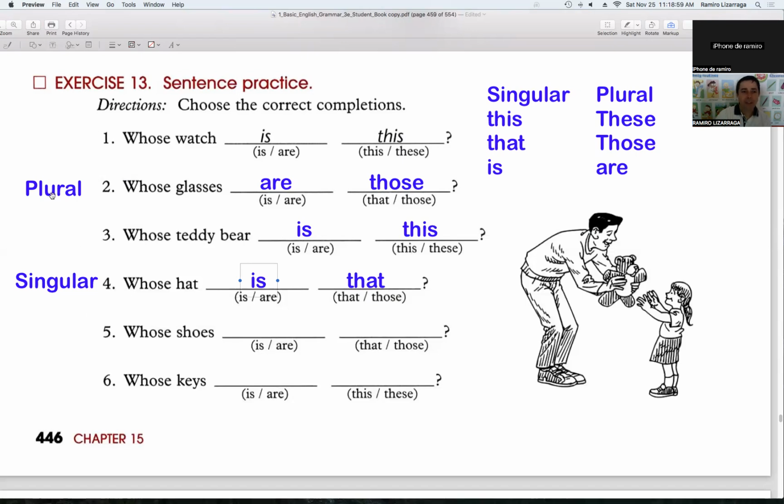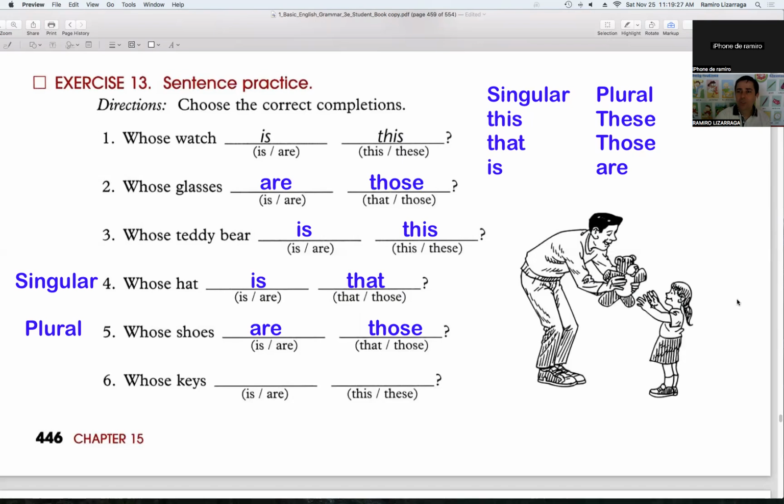Number 5. Adrian. 5 is plural. Whose shoes are those? Very good. Are those. Very good.